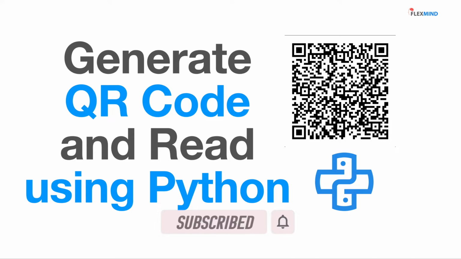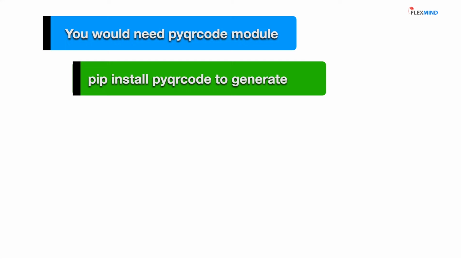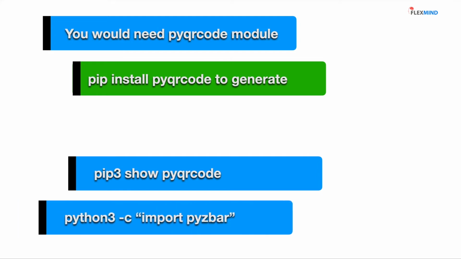So let's see what are all the minimal requirements that you need before writing the code. You need a Python QR module to generate a QR code, and you can install it using pip install PyQRCode, and then use pip3 show PyQRCode to make sure PyQRCode is installed. You can also use a different way to figure out if this particular module is installed or not. For example, python3 -c and import PyQRCode, and there is something like PyZBar.